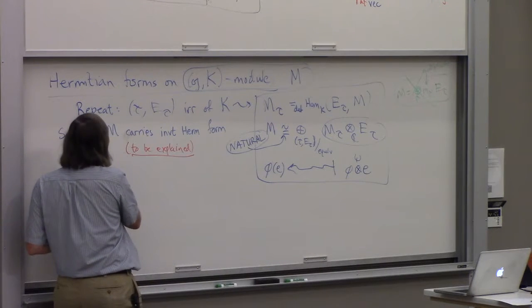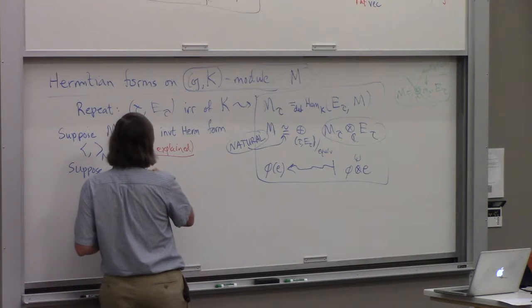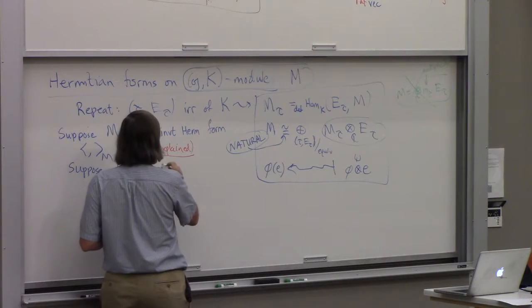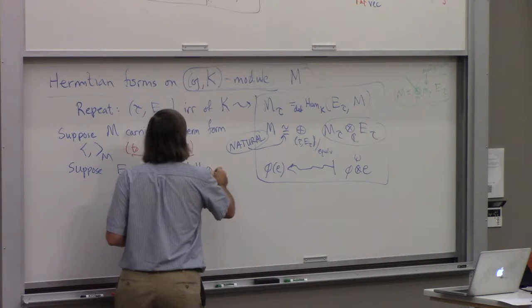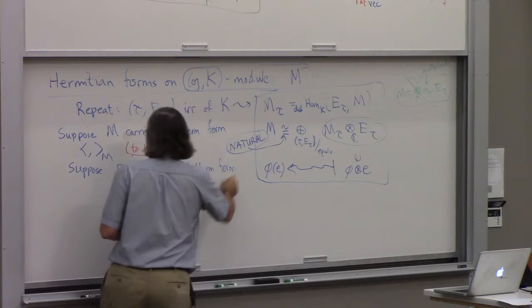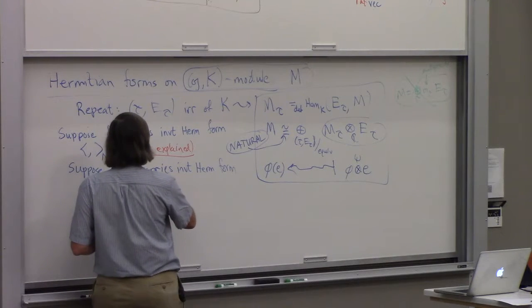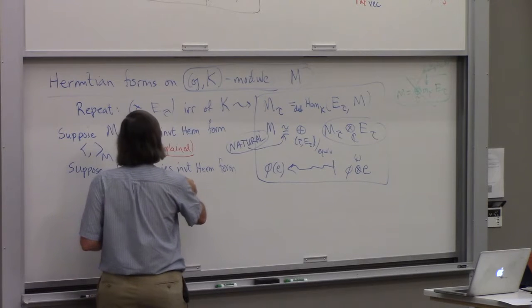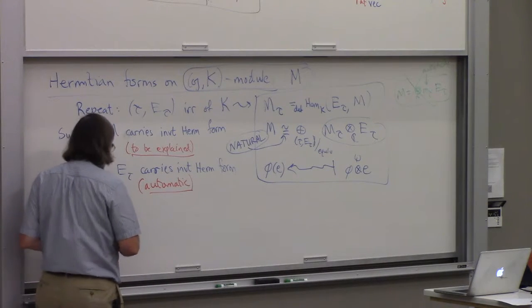And I also want to suppose that E tau carries an invariant Hermitian form. For us, this is essentially always going to be automatic.